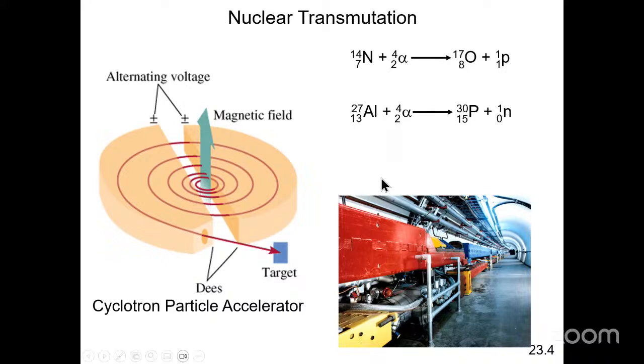So for example, in the case of the first example right here, the alpha particle would be here, and the nitrogen-14 particle would be on the target. And when the alpha particle gains in energy, as I described earlier, and escapes the Ds, then it will hit the nitrogen-14 particle and form oxygen-17 along with a proton, right?